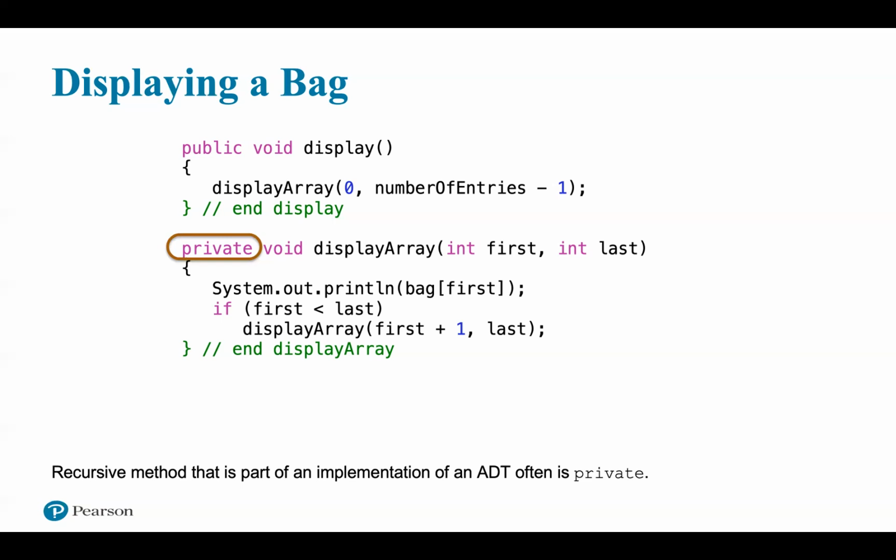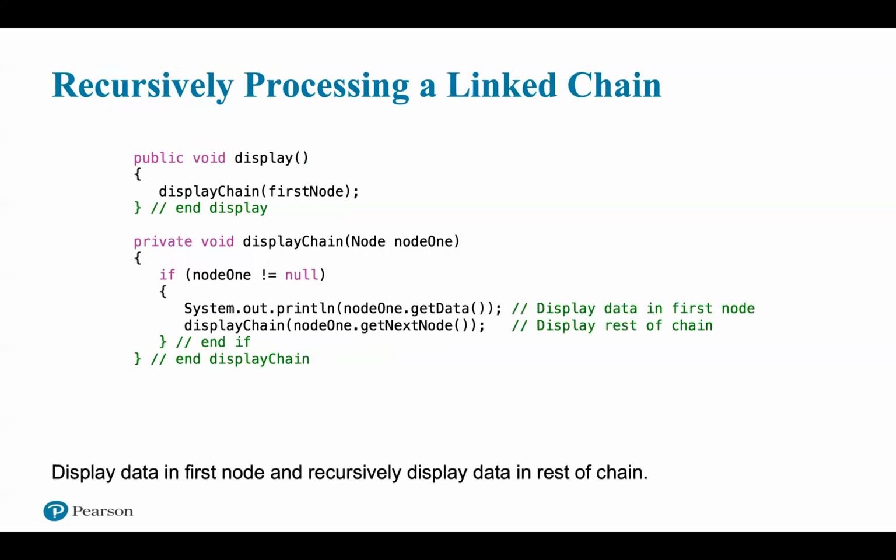We can use this approach for any version of displayArray given previously. However, we will display objects one per line instead of integers on one line. Using the technique shown in segment 916, we revise the method as listed here in the chart.